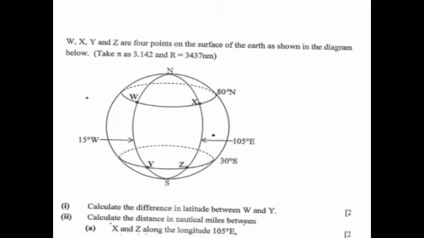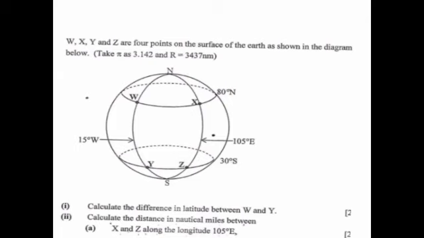W, X, Y, and Z are 4 points on the surface of the Earth as shown in the diagram below. Take pi as 3.142 and radius as 3,437 nautical miles.